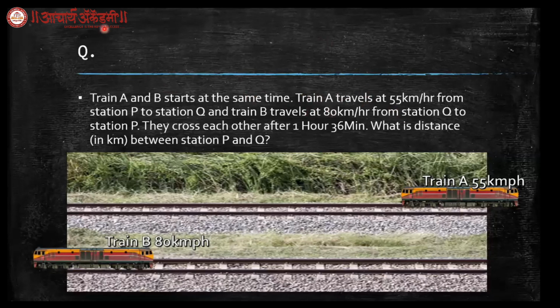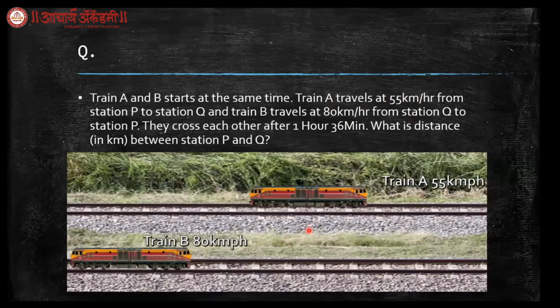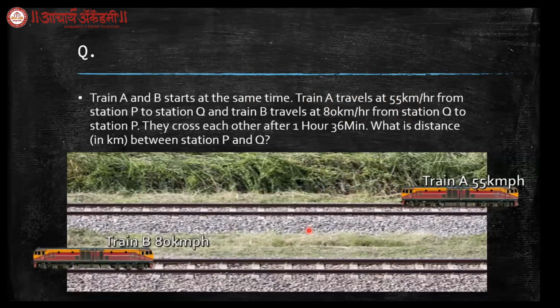I will answer. As we have discussed earlier, the relative speed is taken here. So 80 plus 55, we are adding both of the speeds because they are moving in opposite directions, as you can see, the case which we have discussed earlier.